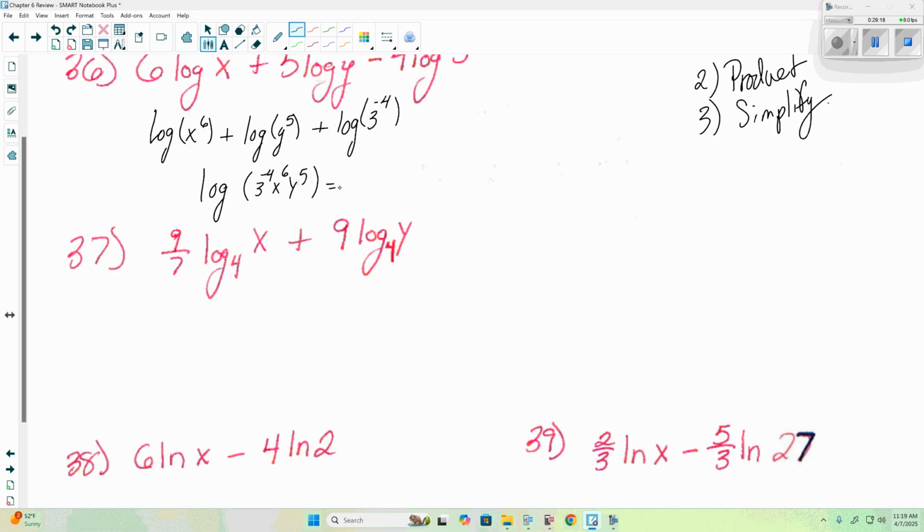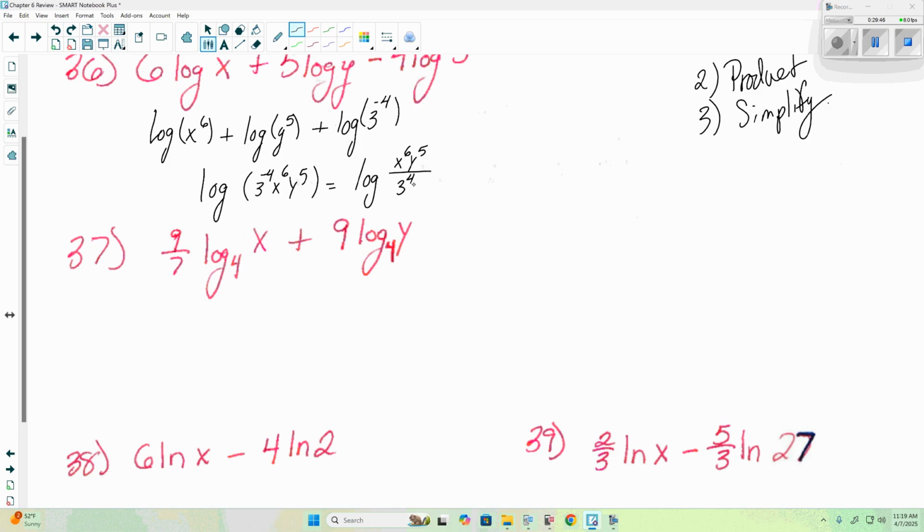Step 3 is simplify, if possible. We can't leave an exponent as a negative. But to get the exponent positive, we move it from the top of the fraction to the bottom. To make that 3 to the negative 4 have a positive exponent, we move it from the top of the fraction to the bottom. Okay?